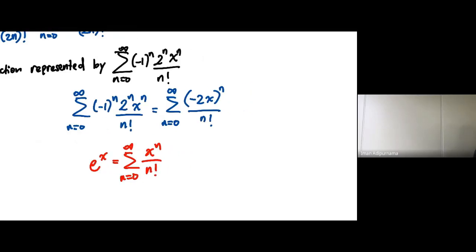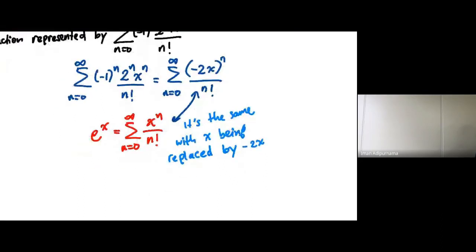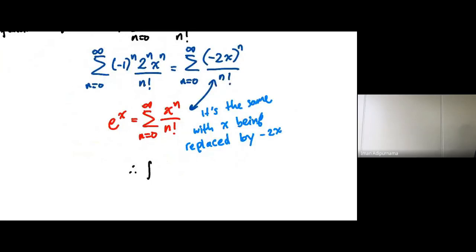So if we are looking at this, then it's the same with x being replaced by negative 2x. So we can conclude the function is equal e with the power of minus 2x.